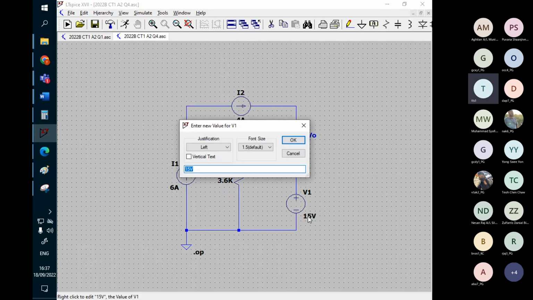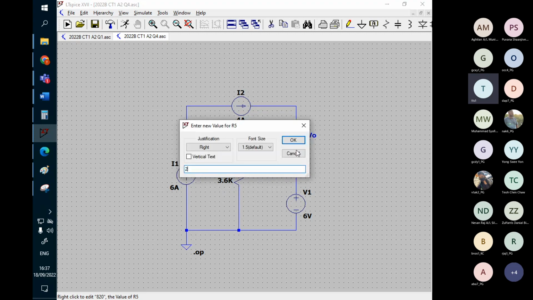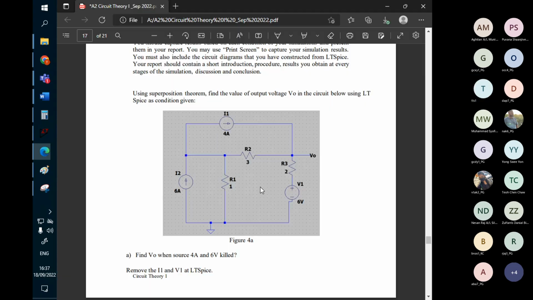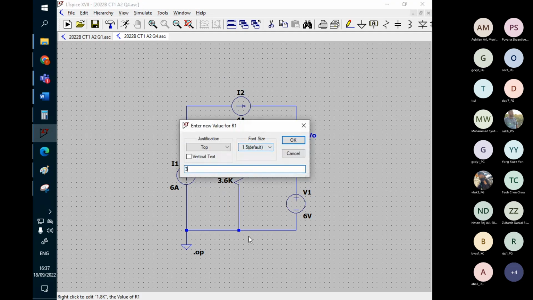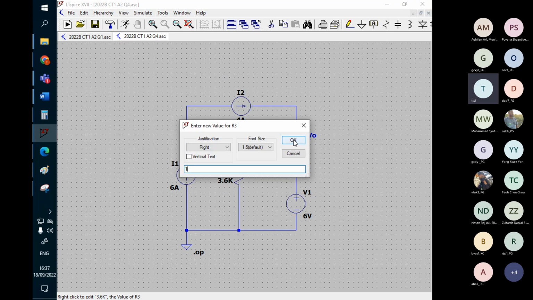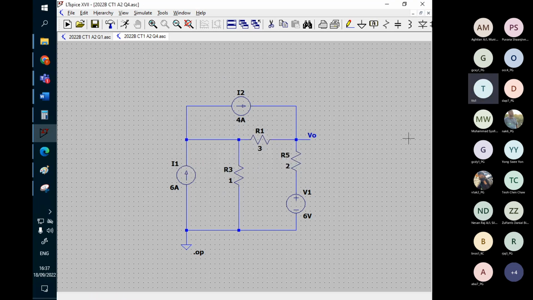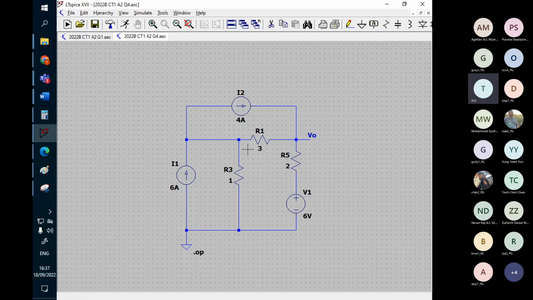Let's modify it to 6 volt and change all the values to 2, 3, 1. Forget about the ohm. We need the ohm. Double check. 4, 6, 1, 3, 2, 6.